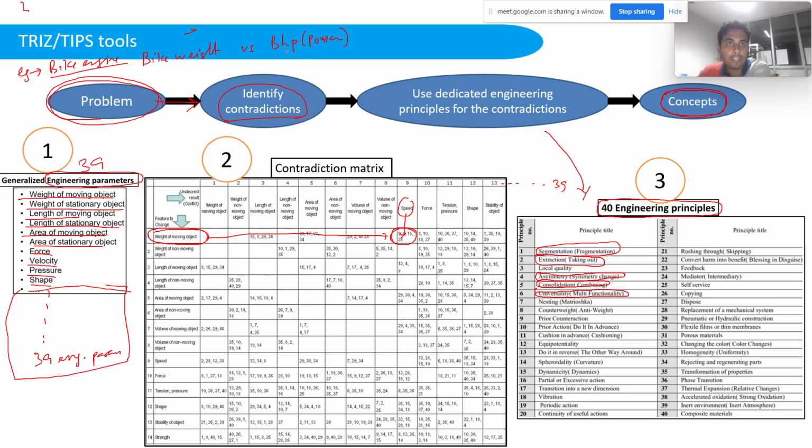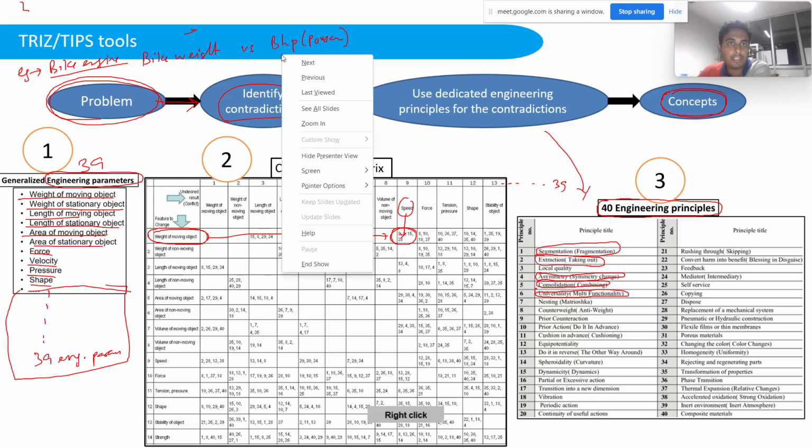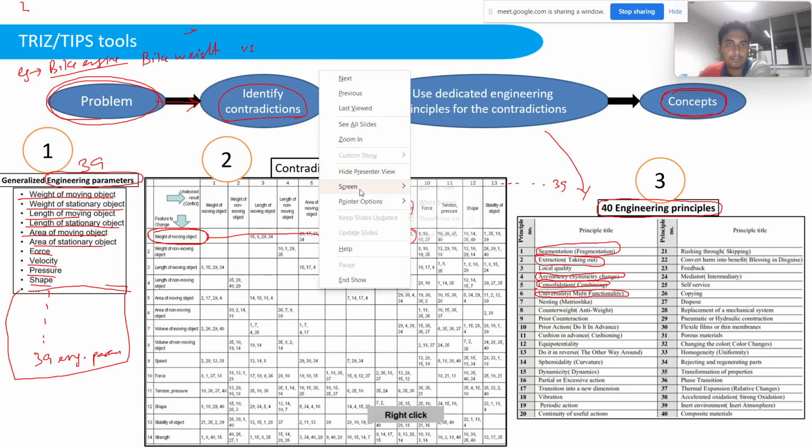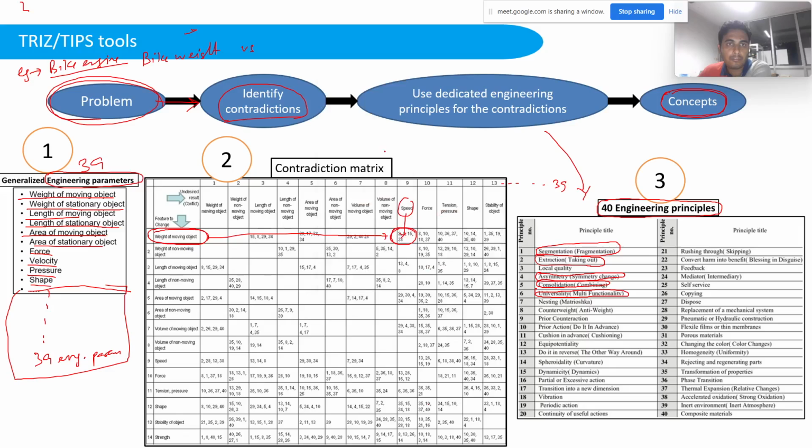Okay, so let's say not bhp, let's say speed. Speed of the bike. If the bike has more weight, it cannot go much faster.